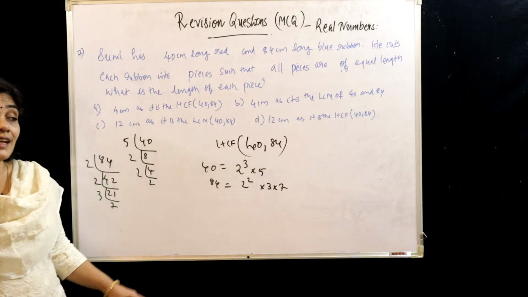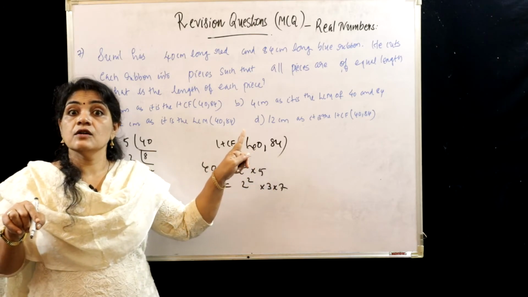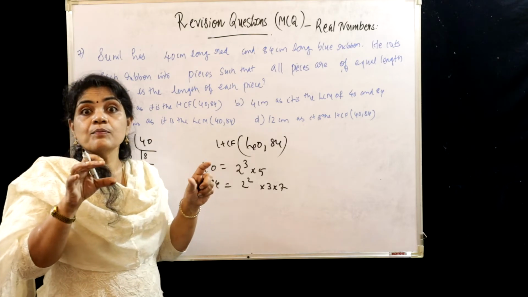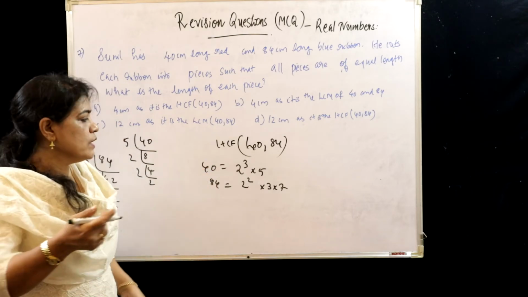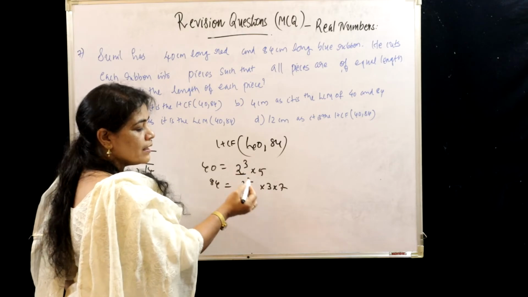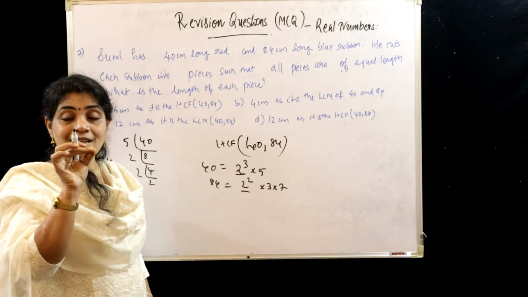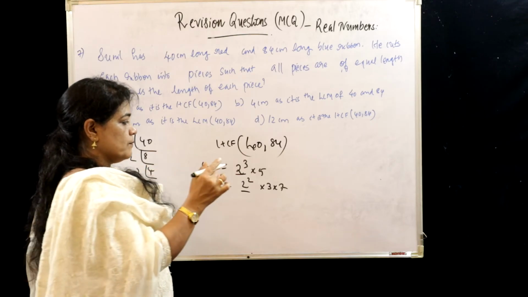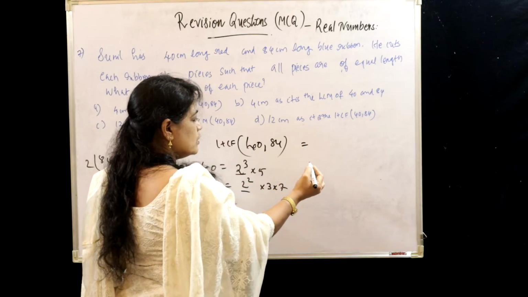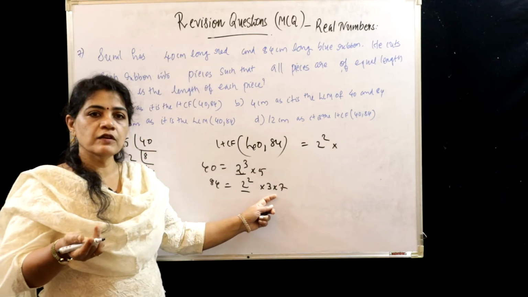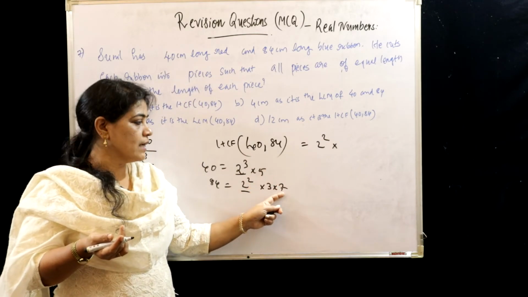Since we need the HCF, HCF is the product of the least power of each common factor. 2 cube and 2 square, among these you have to take 2 square, the least power of each common factor. So HCF equals 2 square. 5 is not a common factor, 3 is not there in 40, and 7 is not there.